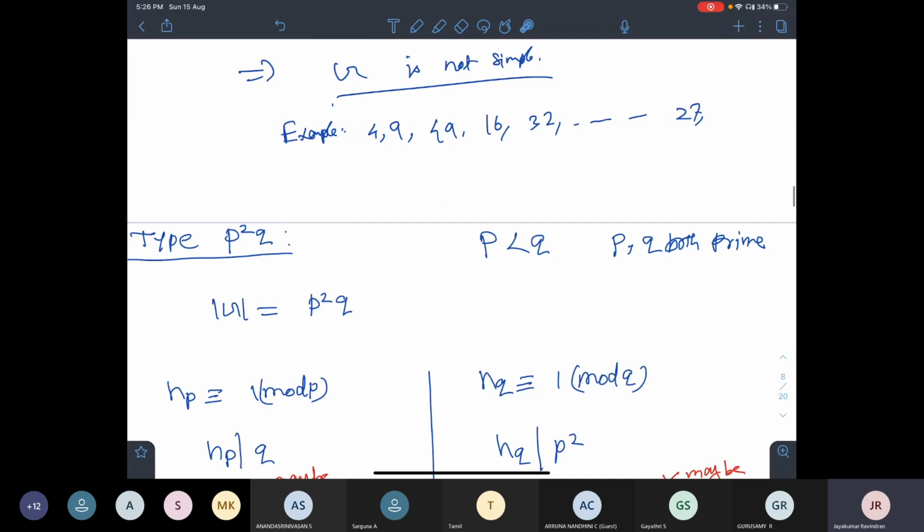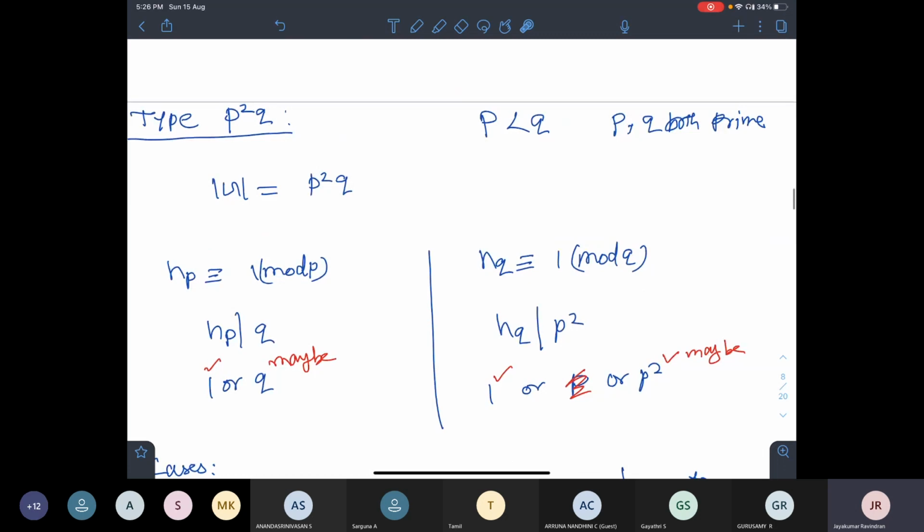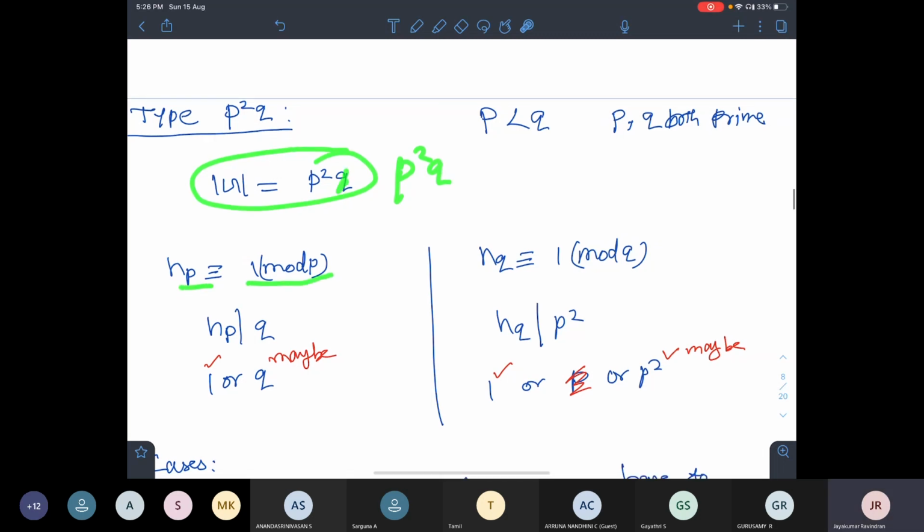Now let us consider order p squared q. Same thing; you must be comfortable with the calculation. n_p is congruent to 1 mod p and n_p divides the remaining factor, which is q, so 1 or q. I don't know whether p can divide q minus 1.